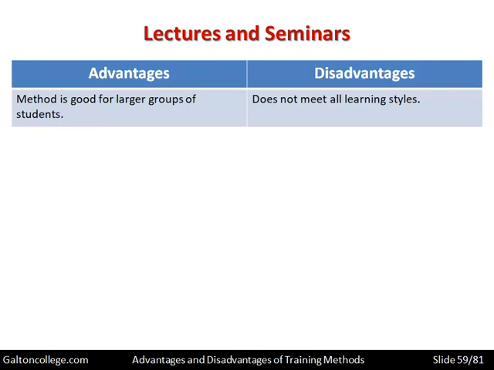There may be rooms set aside for experimentation or for more hands-on activities where the ideas covered in the lecture can be tested out. But it doesn't meet all learning styles. Some students may appreciate more one-to-one or more question and answer situations or case studies, as we just mentioned earlier, rather than lectures.